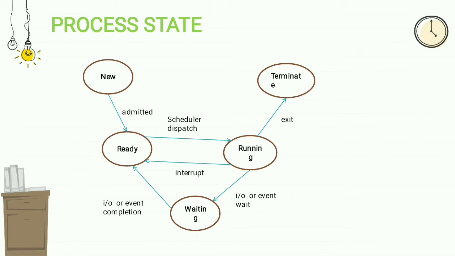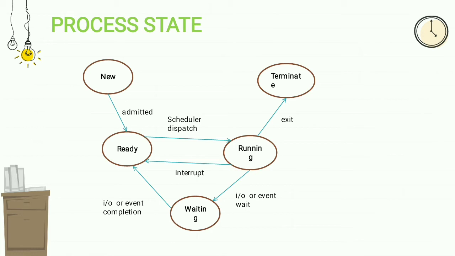And when the program becomes the process in the primary memory, it is called a ready state, because in the primary memory there will be a set of instructions to be executed by the CPU. At that time the process is in the ready state. And when the process starts executing, when it is executed by the CPU, it will go to the running state.